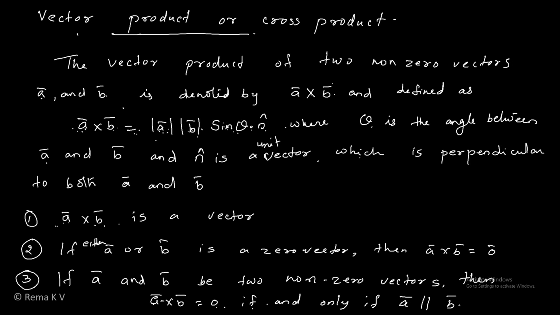If the cross product is equal to 0, then we can say that the two vectors are parallel.